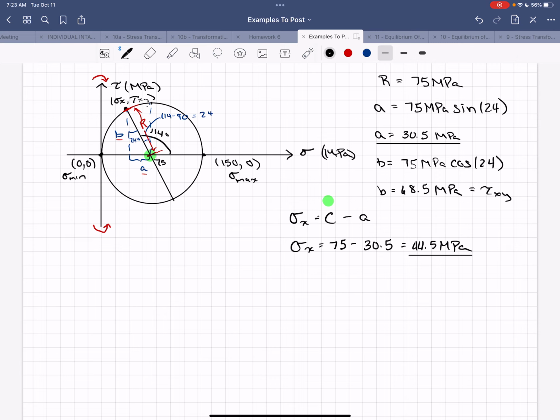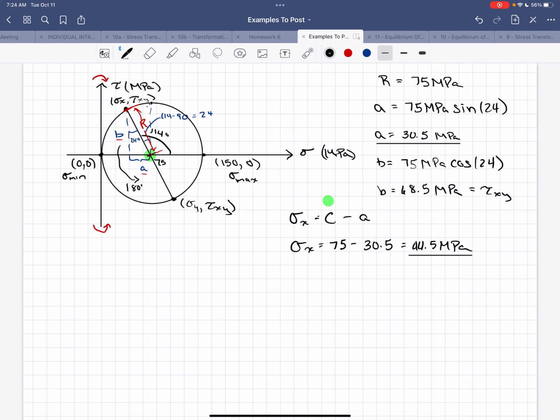Okay, so then we can start drawing our stress block. But we also need to know this point, because this point is 180 degrees away, which means it is 90 degrees in real life. So this point is sigma y, tau xy. It's the same tau xy, it'll just, on the y face, rotate the block counterclockwise.